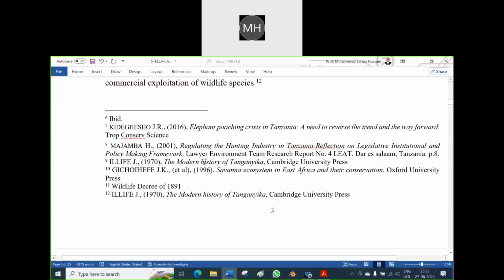So here, The Modern History of Tanganyika. Why did you write H as a small letter? It should be a capital letter. Tanganyika, comma? No, it should not be a comma.